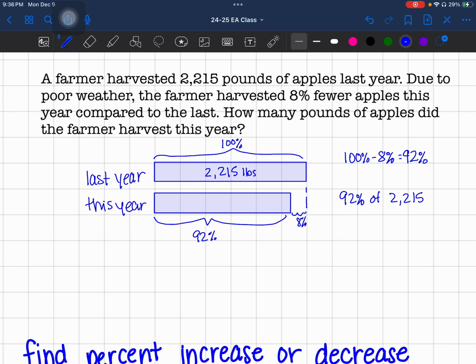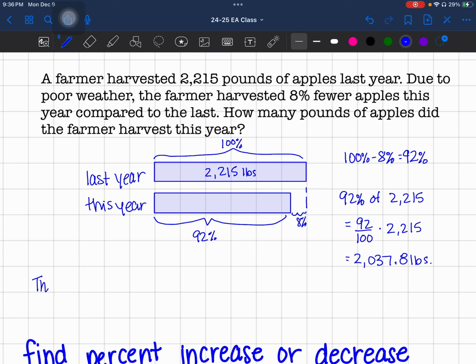2,215, right? So that would be 92 over 100 times by 2,215, which equals 2,037.8 pounds.